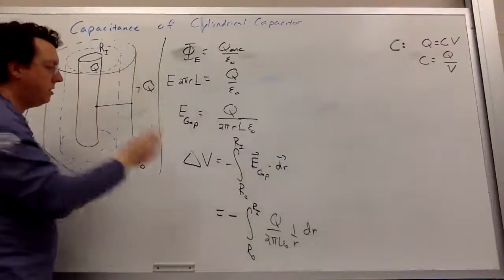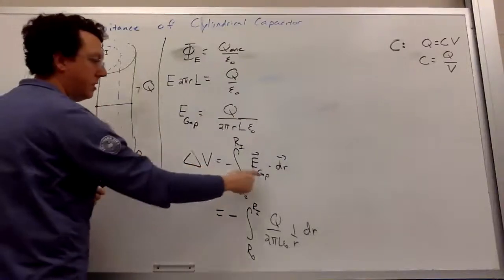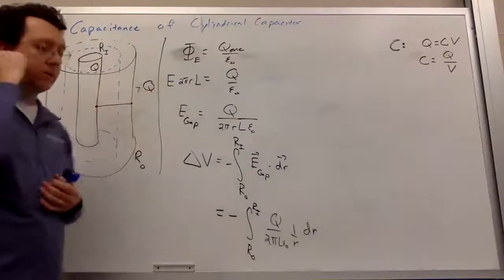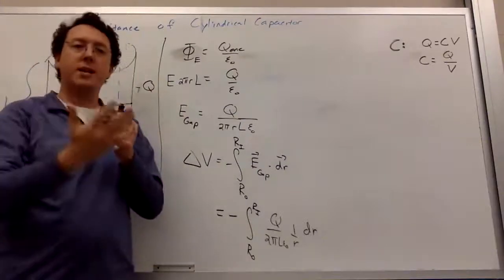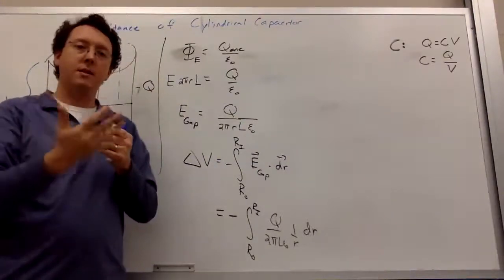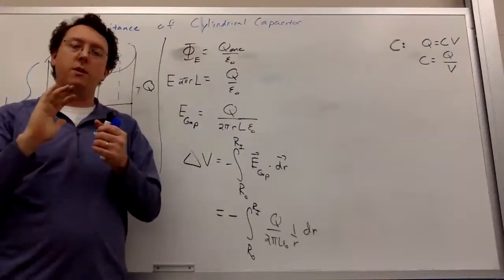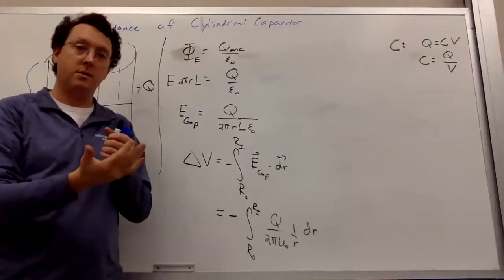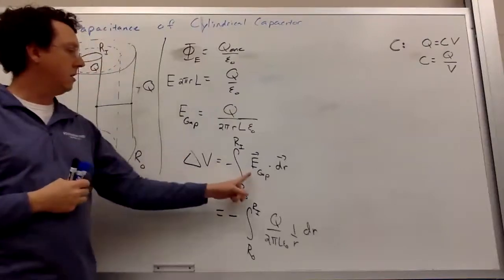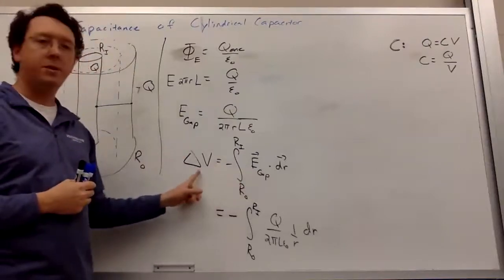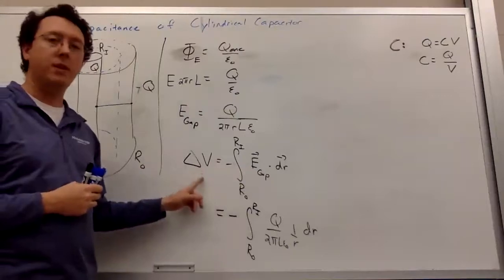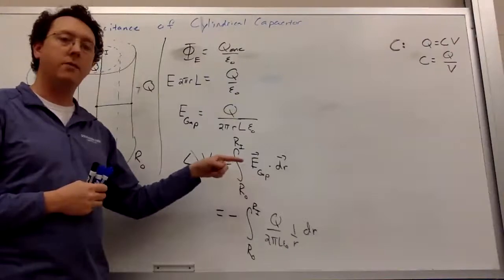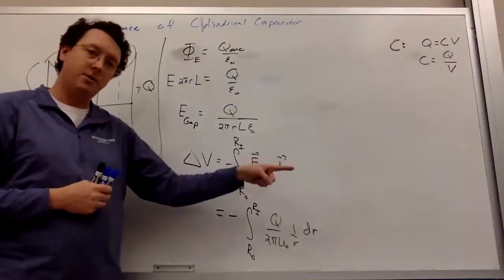When you do the delta V calculation, that's over the radial direction. And that's always how it works. The flux calculation is over the curve where the electric field doesn't change. The voltage, or the electric potential calculation, is over the direction where the electric field does change.